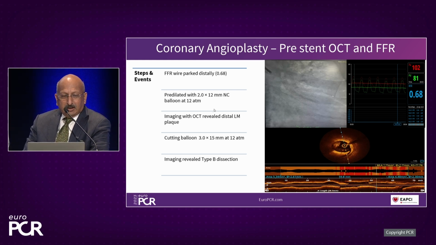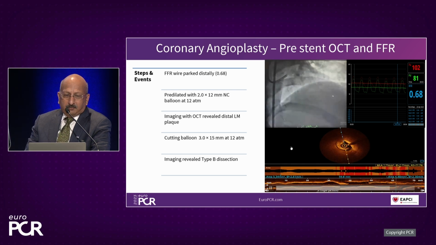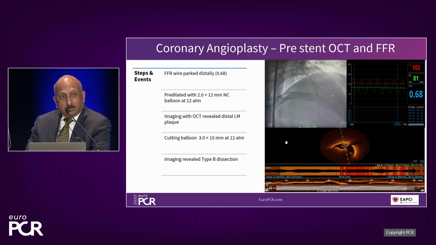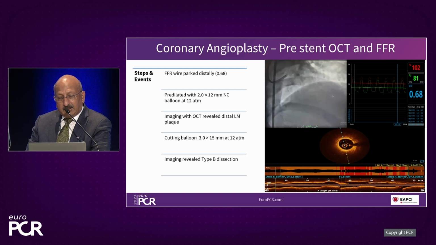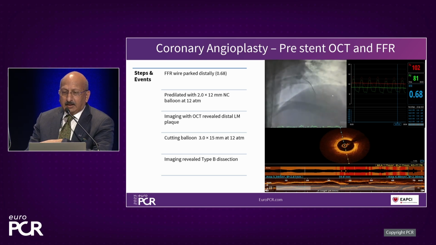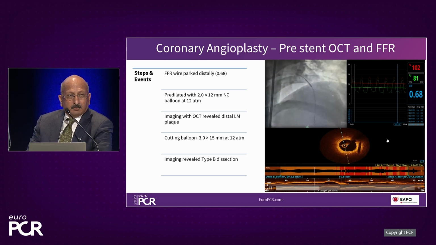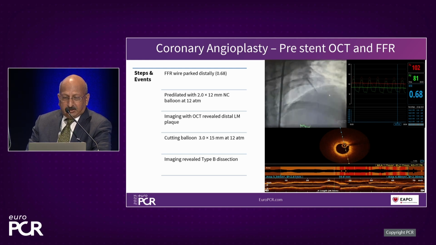Once we had done the balloon dilatation of the LAD, with an initial 2 millimeter balloon followed by a 3 by 15 cutting balloon into the mid LAD, we did the imaging. As you can see here, the imaging showed that the dissection is big. We need to definitely stent it, and the FFR was still 0.68, which means it is a flow-occluding dissection.